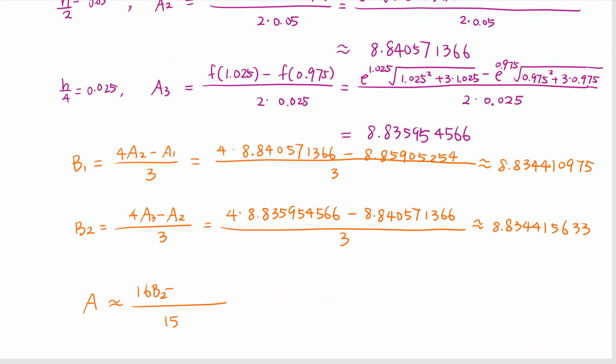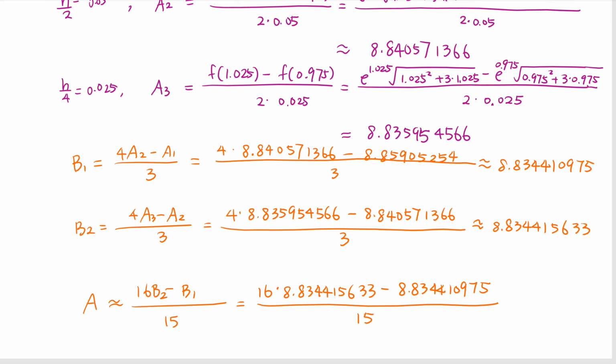So B2 here, B1 here. B2, 8.834415633 minus B1, 8.834410975, all over 15.